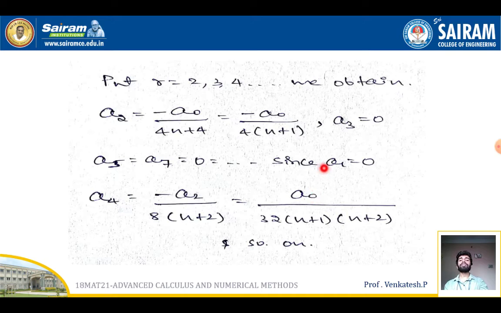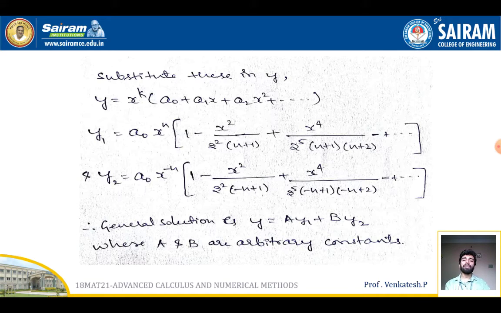So now replace all these constants in the assumed equation, that is y is equal to summation r from 0 to infinity of ar x power k plus r. Before replacing that, we have to expand the equation like this: y is equal to x power k into (a0 plus a1 x plus a2 x square and so on).